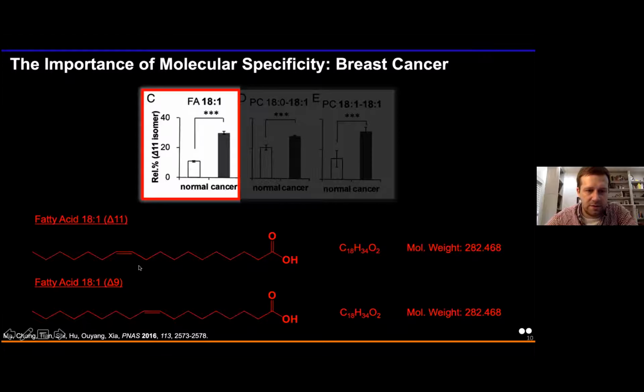And the delta 11 and delta 9 refer to the position along the backbone here. And so you can see that just by changing the position along the backbone of the double bond, this had a profound difference in the relative presence of these isomers in normal versus cancerous tissue. And so this is obviously a very subtle chemical change. These are isomers, so they're the exact same molecular weight, but they differ just by the single position.